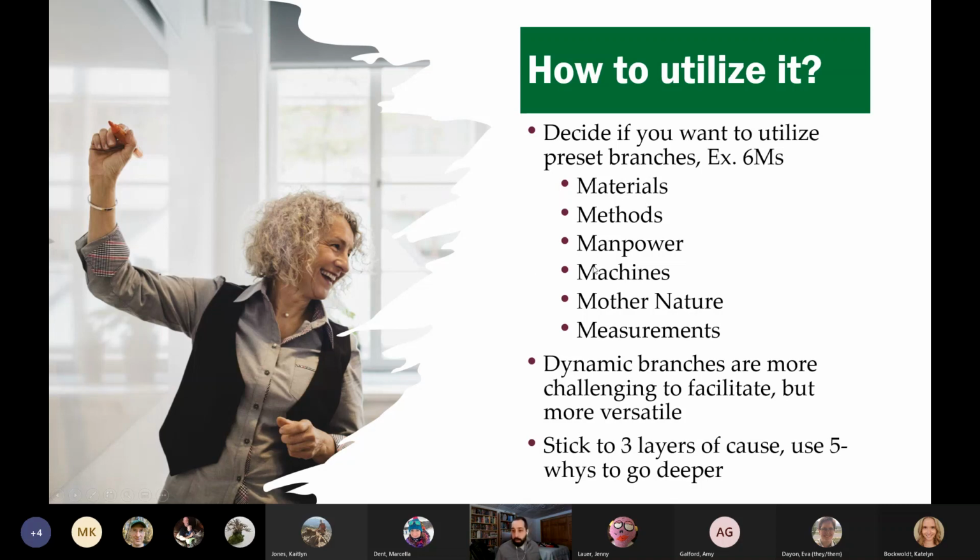But you don't have to stick to those 6. You could just choose 4 of them if you think that Mother Nature or measurements don't really play a role, or it's entirely a technological problem and manpower doesn't get involved. You don't have to use all 6Ms, but also you don't have to use any of the 6Ms. You can just sort of dynamically create the branches as they occur.